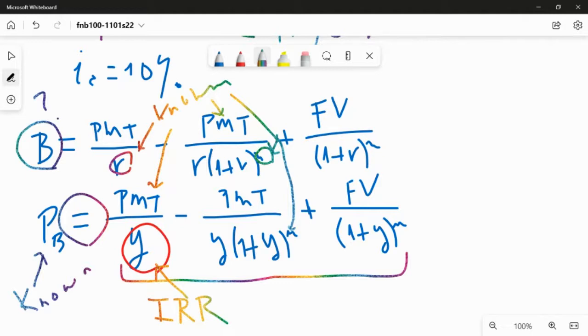Internal rate of return is the mathematical term for that rate that makes the right-hand side equal to the left-hand side. Of course, there can be only one value that satisfies this equal sign. Any other value would make the right-hand side greater or the left-hand side greater. So there's only one number that makes the two sides equal, and that's called internal rate of return.